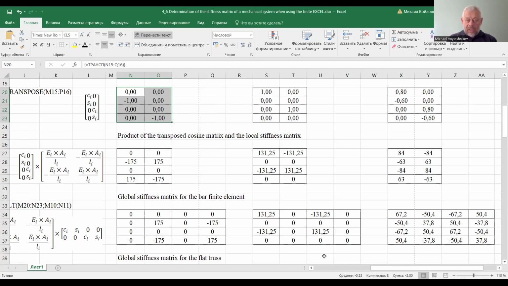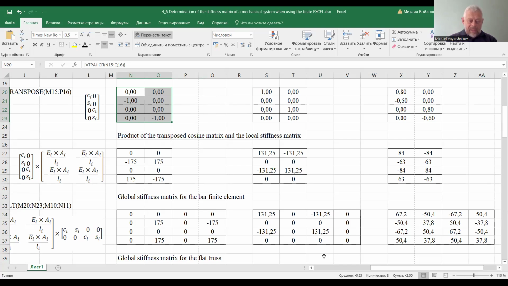So we have two components of the force in the global coordinate system at each end of the finite element. The first is the projection of the force acting on the finite element on the abscissa axis of the global coordinate system. The second is the projection of the force acting on the finite element on the ordinate axis of the global coordinate system.